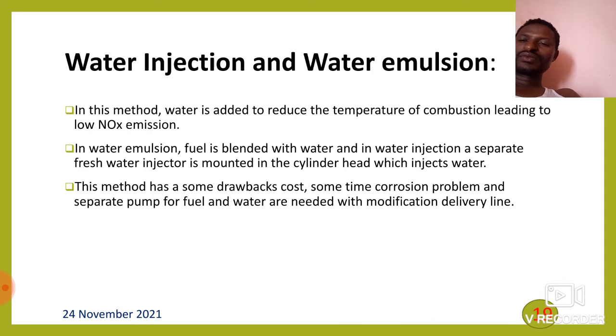So another one is water injection, water emulsion. In this method, water is added to reduce the temperature of the combustion, leading to low nitrogen oxide emission. In water emulsion, fuel is blended with the water, and in injection, a separate fresh water injector is mounted in the cylinder head, which injects the water.